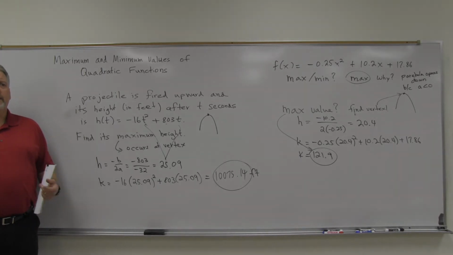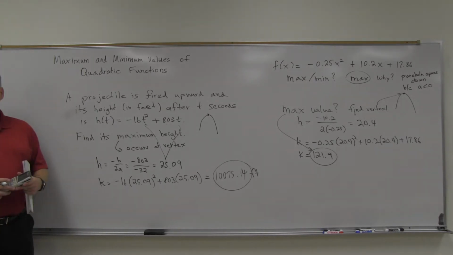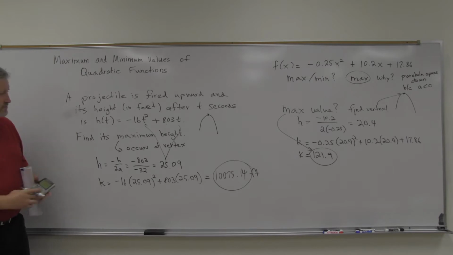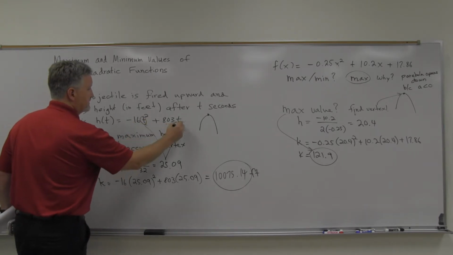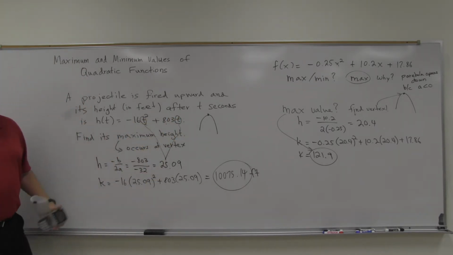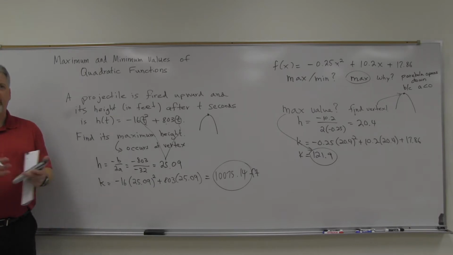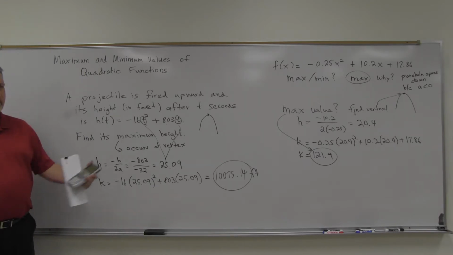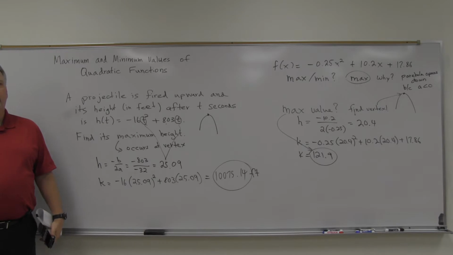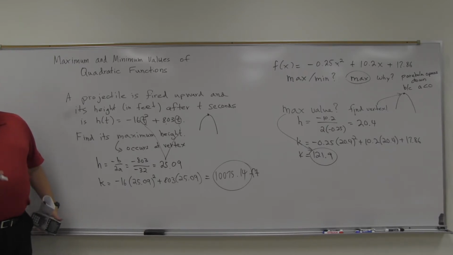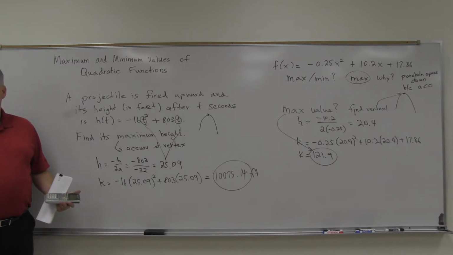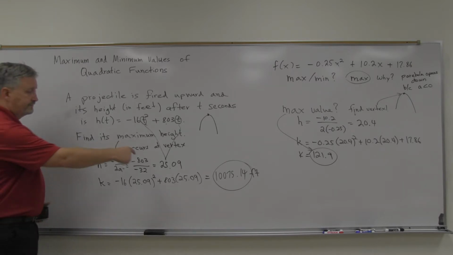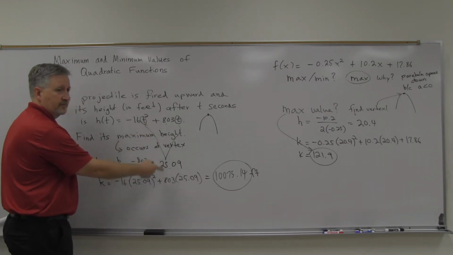Now, the other question here is what does the h represent? Well, like I said, we plug in the h for the time. And so wouldn't that h represent the time that it takes to get to the maximum height? It may ask that on these particular problems. So if it asks how long does it take to get to that height, it'd be the h value here, because that's what we plug in for the time.